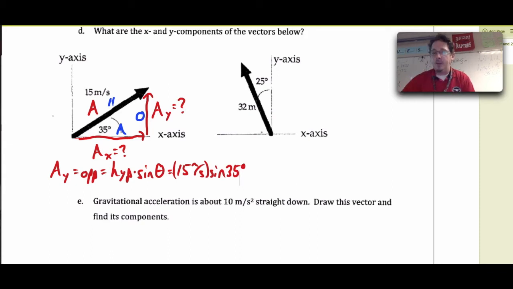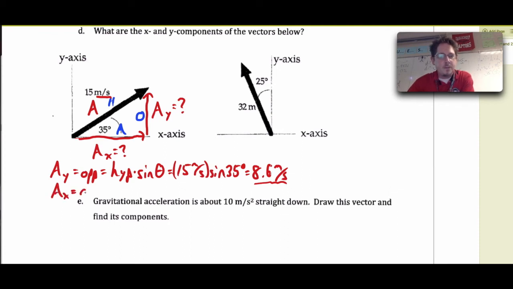Now when I calculate this, I want to make sure that my calculator is in degrees, and when I put that in, I find that I get 8.6 meters per second. And the amount and the units are going to match up with the original vector. So that's my AY.